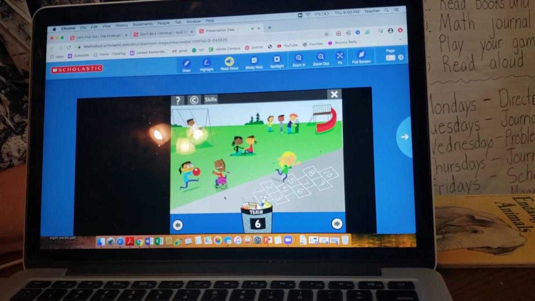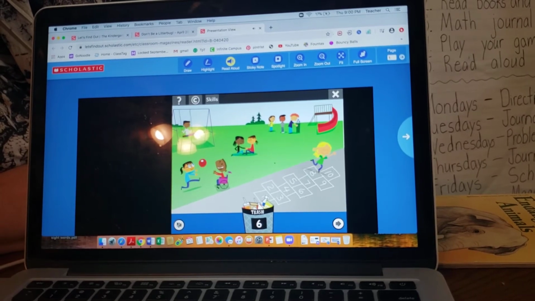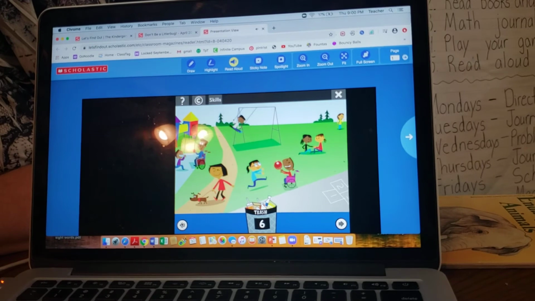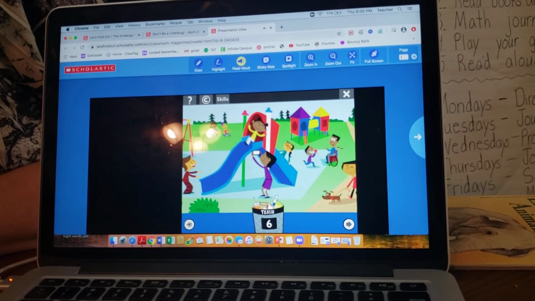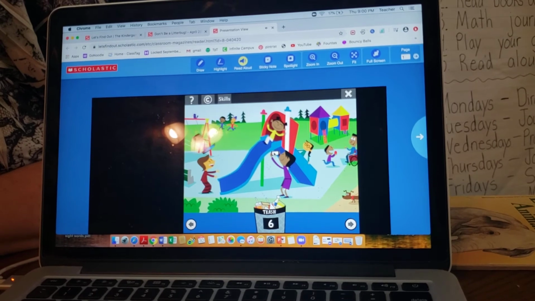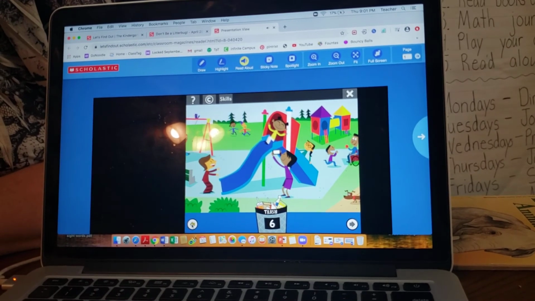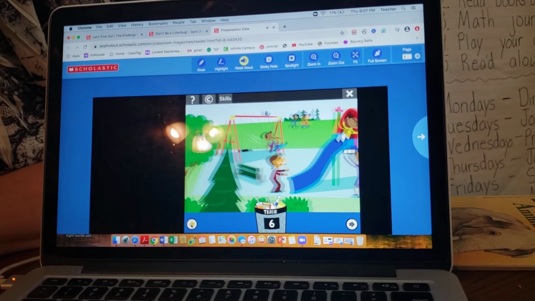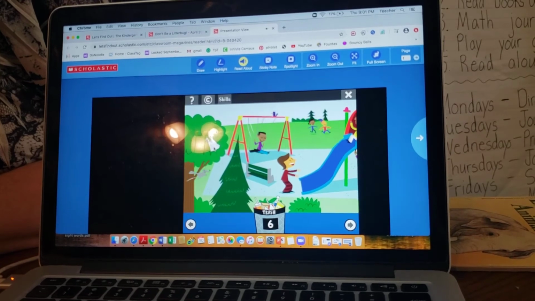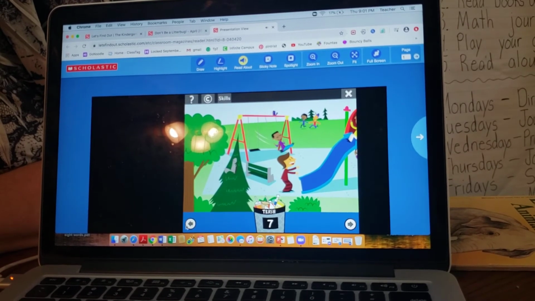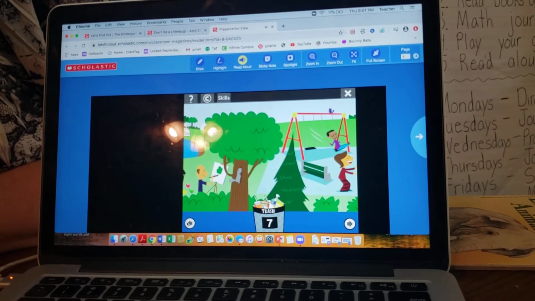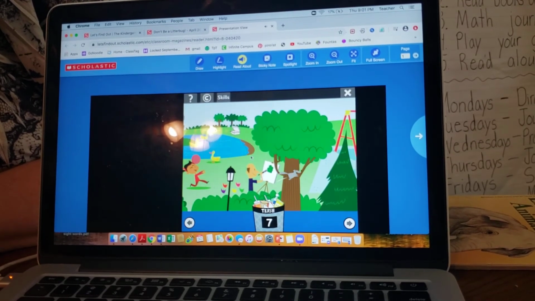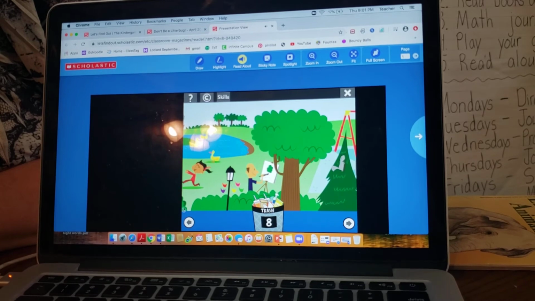Uh-oh, there's more trash and I didn't find it all. I'm gonna have to go back. Oh, what's this? A bag in the tree? 7, oh, I found a container. 8.